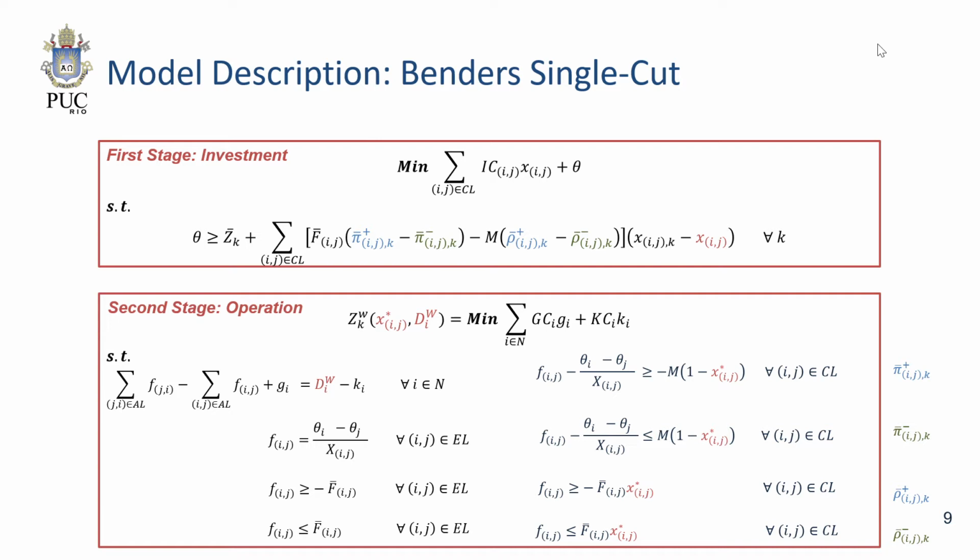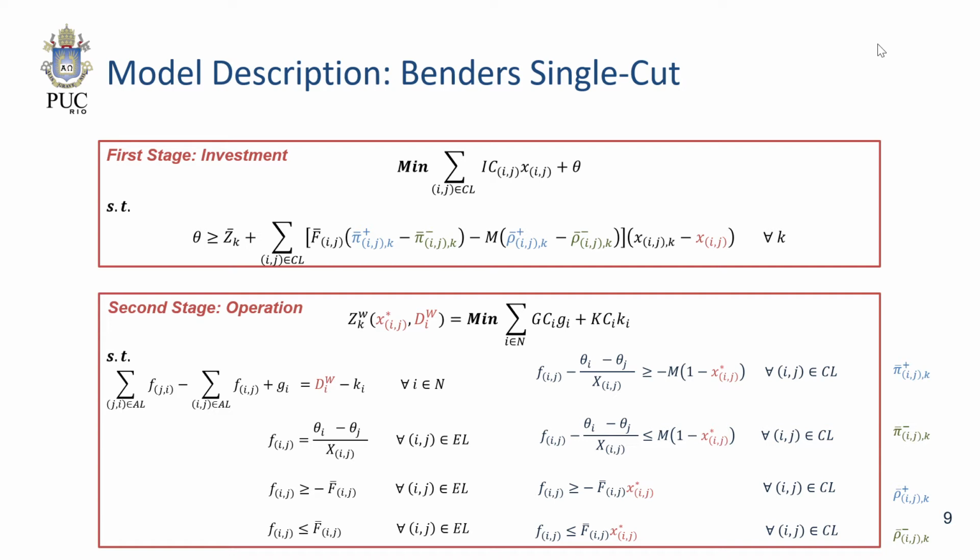And here we see the expression on the first stage that represents the linear approximation of the future second stage costs, based on the average of the duals that come from the second stage and the average of optimal costs. So here we only have one theta, so that's the idea, right?